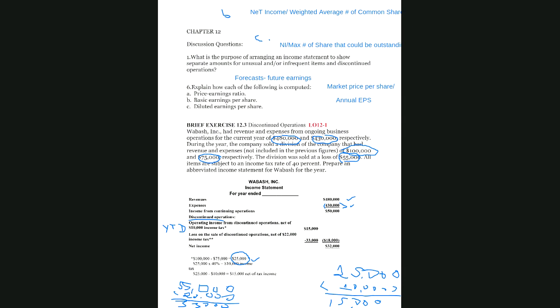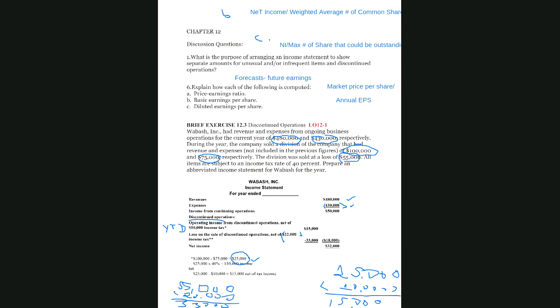So since the corporation had a loss on the disposal of the assets of that segment of $55,000, the net value of that loss is not really going to be $55,000. There was a tax benefit of $22,000, which is $55,000 times 40%.